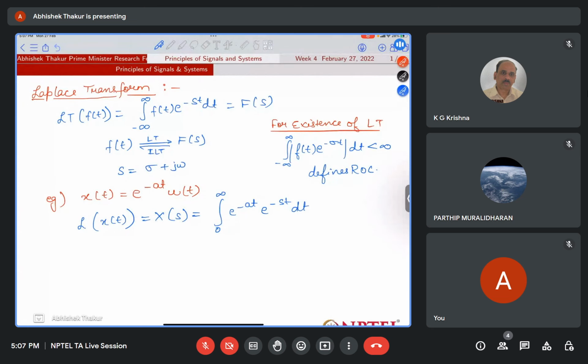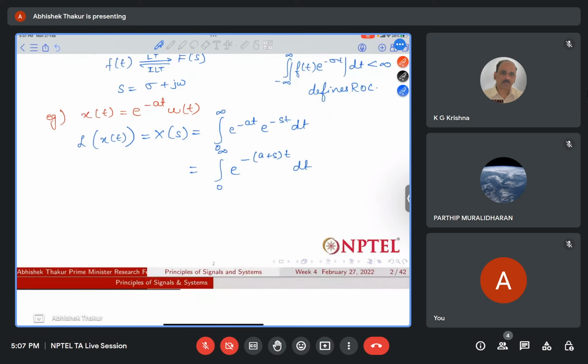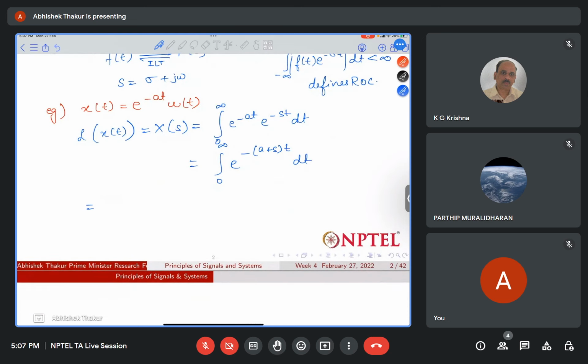After that, you will get e to the power minus (a plus s) t dt. When you simplify this, the integration will be e to the power minus (a plus s) t divided by minus (a plus s), with the lower limit 0 and the upper limit infinity.